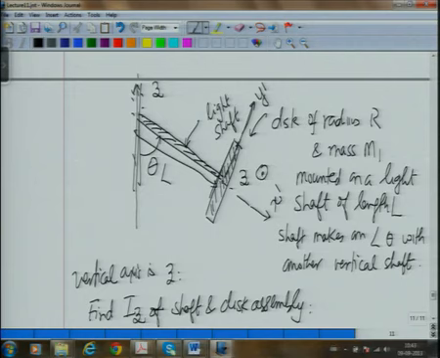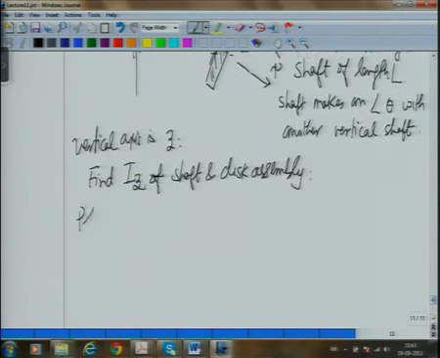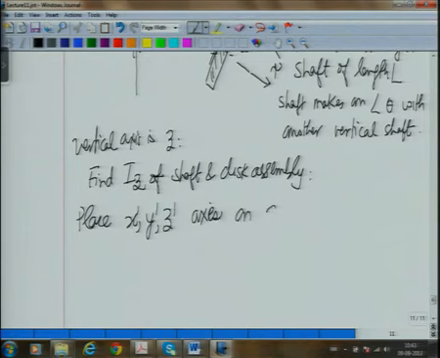So I put centroidal axes x prime, y prime, z prime on the center of gravity of the disk.